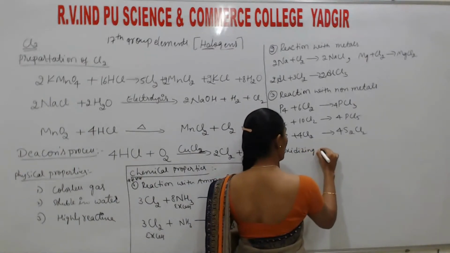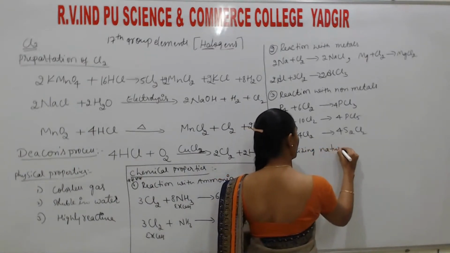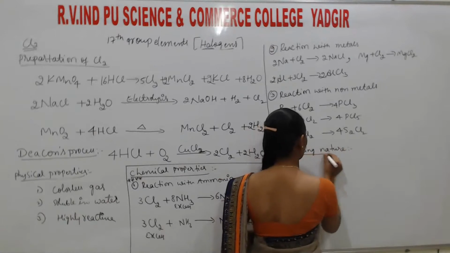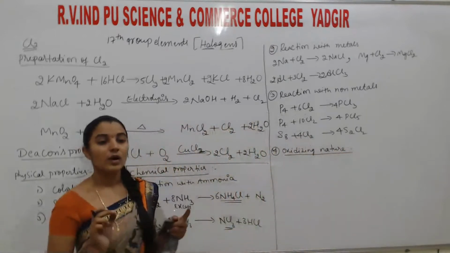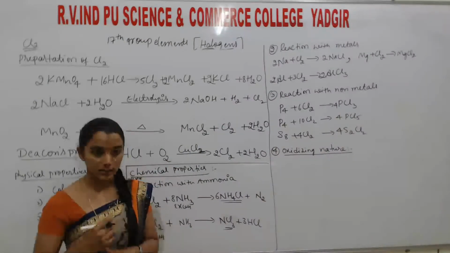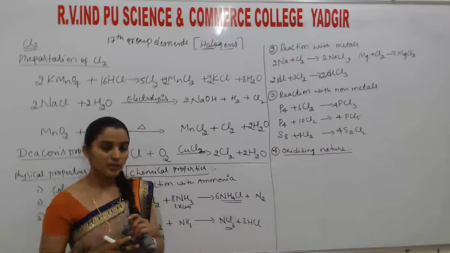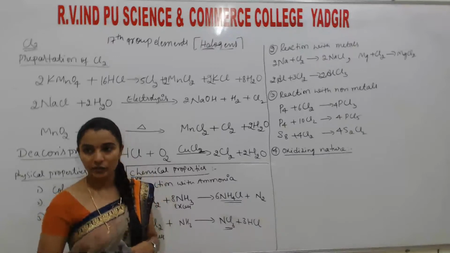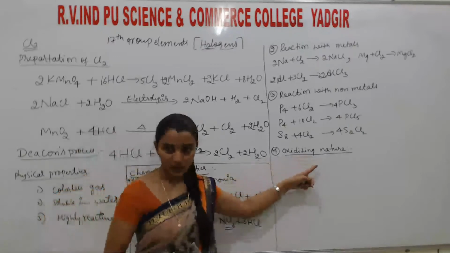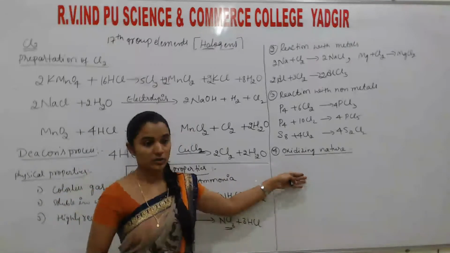Oxidizing nature. So students, what are oxidizing species? The ones which have the capacity to accept an electron. You know, they are always in negative oxidation state. Why?